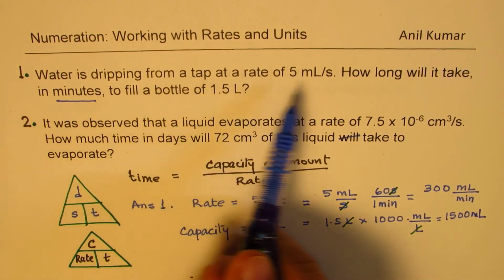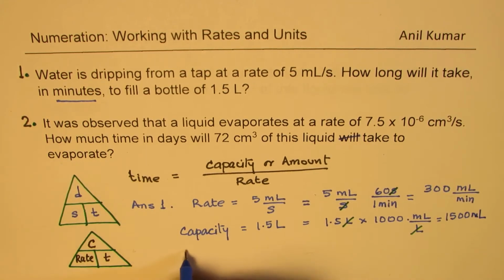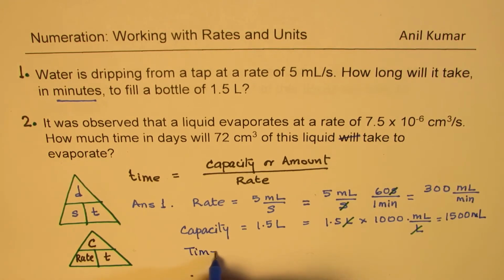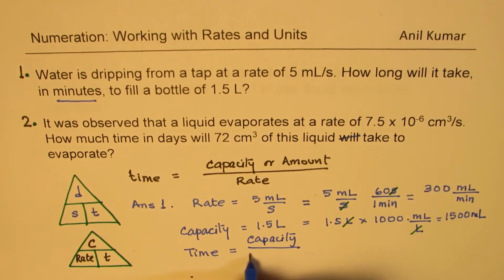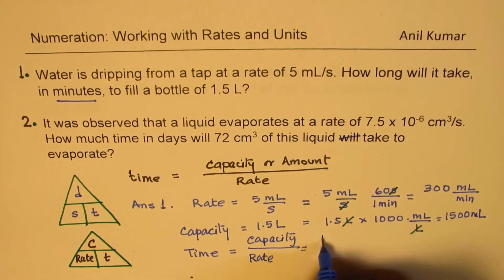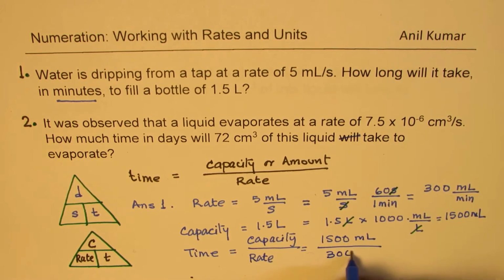Now we need to find how long it will take, the time in minutes. The time taken will be equal to capacity divided by rate. In this case, the total to be filled is 1500 milliliters, divided by the rate, which is 300 milliliters per minute.